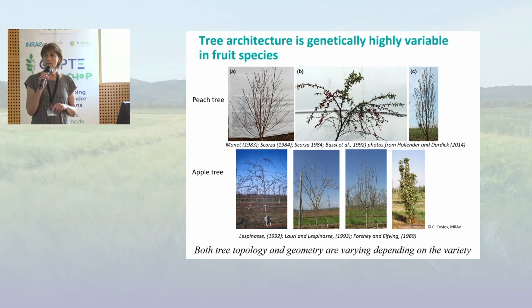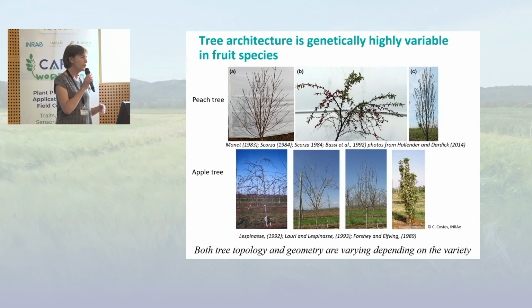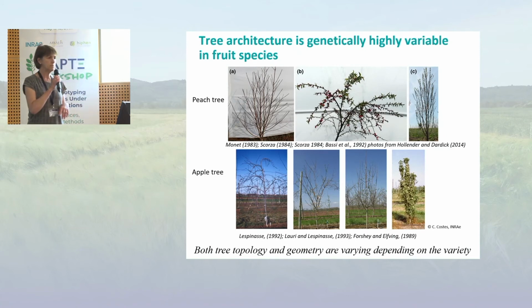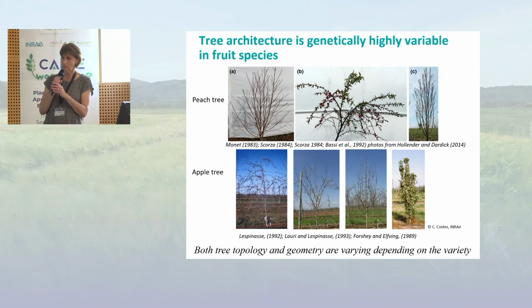In both cases, you see that we have a huge variability in topology, which means number of axes, how these axes are organized along the trunk, and so on, and also the geometry of the tree. Is it open? Is it narrow and erected, and so on?